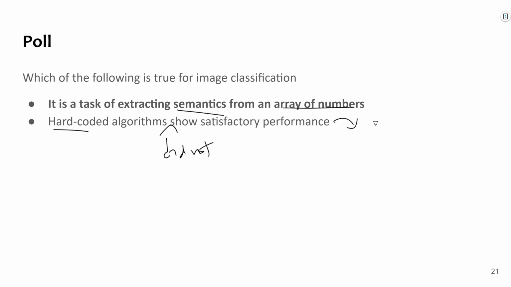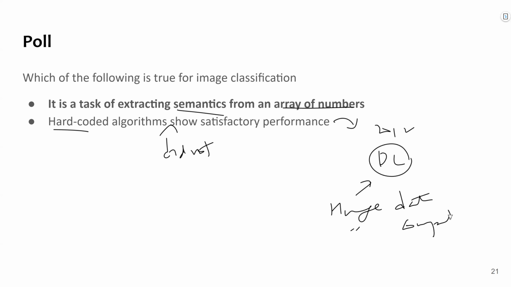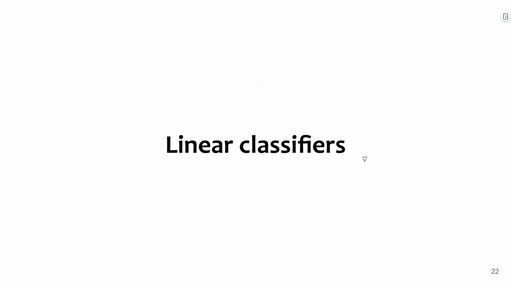After 2012, deep learning emerged, consumed huge datasets and huge computational power, and realized very high performance image classification. Okay, that was image classification.